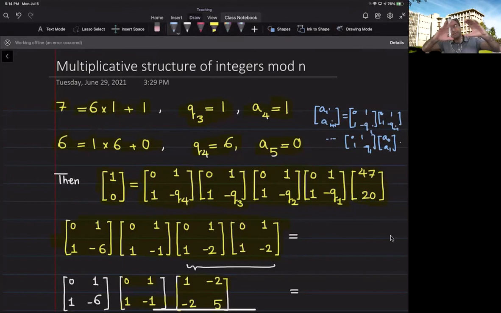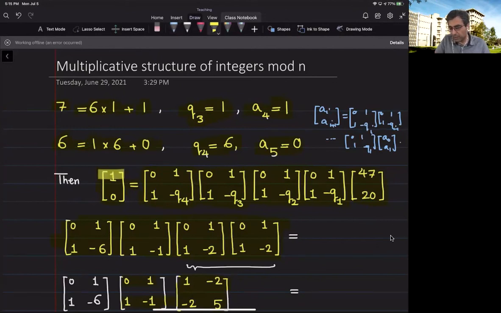As I multiply these 2 by 2 square matrices and finally multiply by the first pair that I started with, a sub 0, a sub 1, we end up getting the final pair. In this case, the final pair is 1, 0.